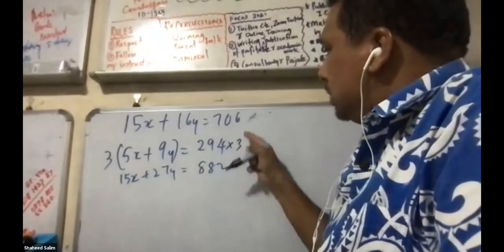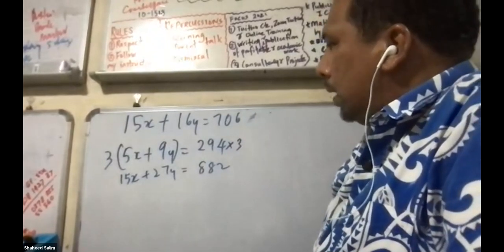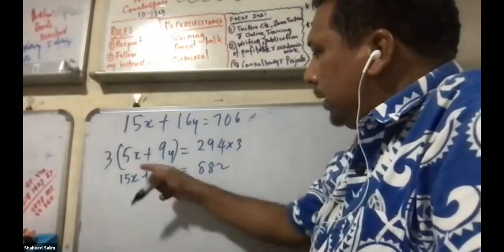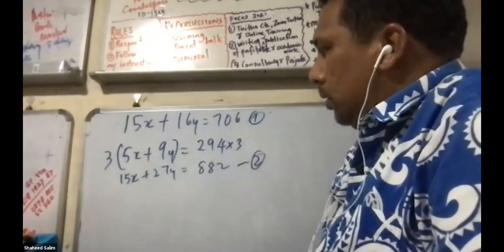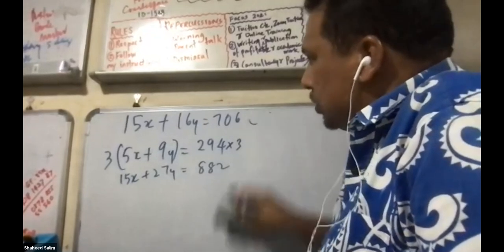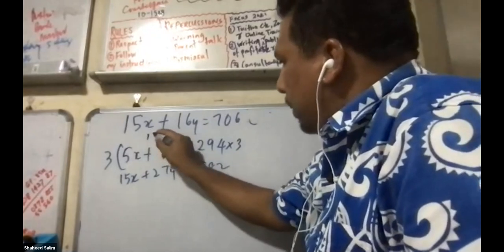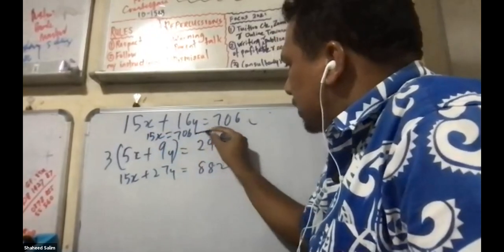Now you know this is bigger than this, right? So you can take equation 2 minus equation 1. You can do it that way. But I think it might be easier for students to see this one. I make 15x equals 706, and I bring 16y over to that side.